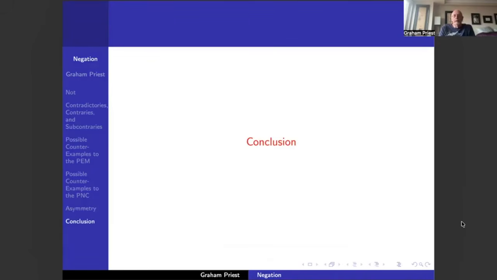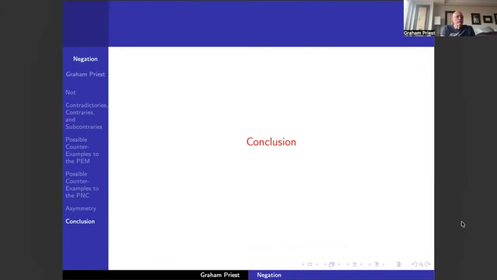So let me just end with a few words. What we've been looking at is negation. We've seen that there is a very orthodox position about negation, which is that it's a contradictory-forming operator, and that delivers the principles of excluded middle and non-contradiction.